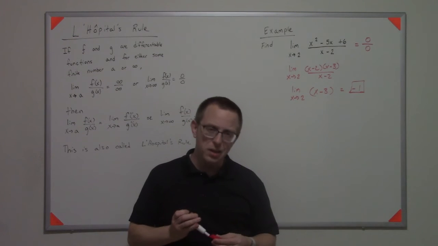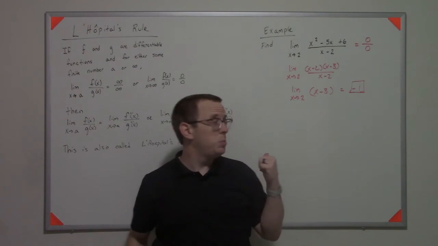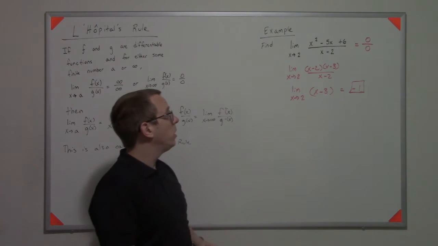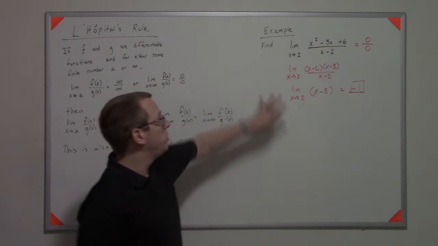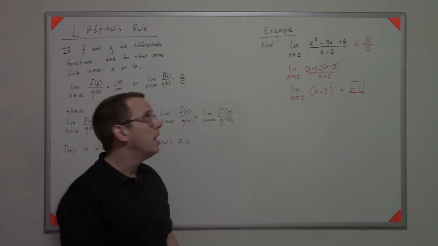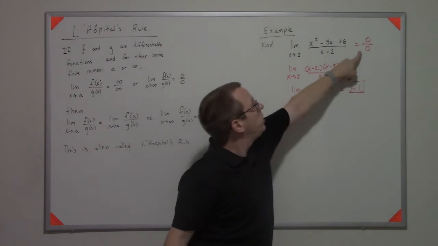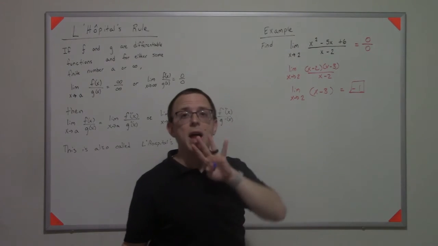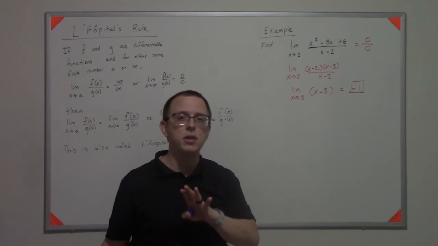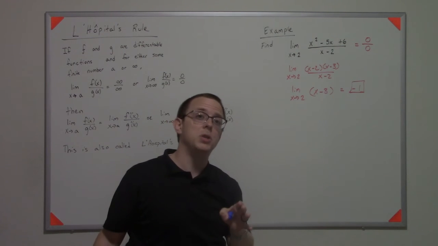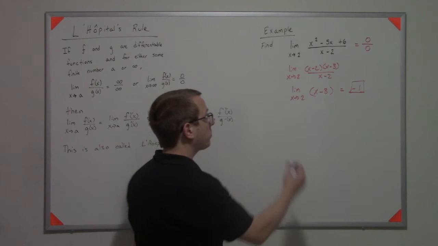But instead, let's apply L'Hopital's rule. Specifically for things like polynomials, it makes them so easy. So take a look at this using L'Hopital's rule. So instead of having to do any kind of factoring, I say, okay, I'm going to take this same limit. Since I know it's indeterminate, and again, it has to be indeterminate. If it's not indeterminate, then this could potentially get you the wrong answer.